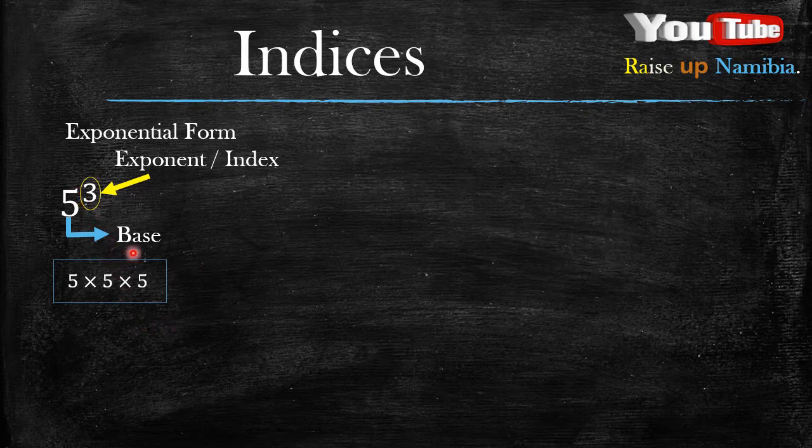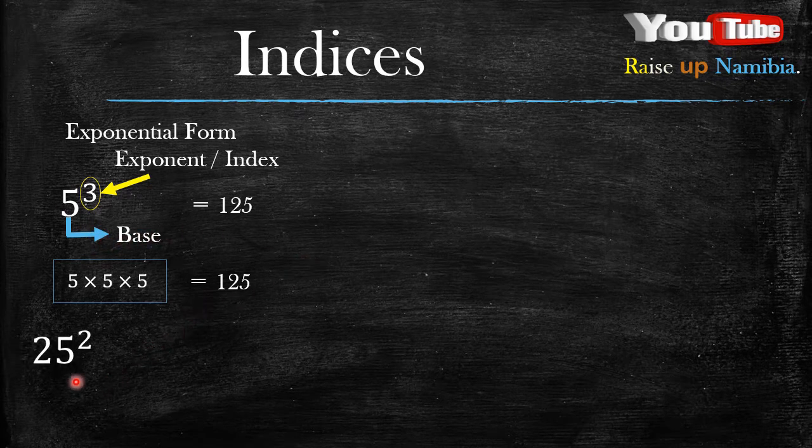This simply means this. Now to prove to you, you can type this into your calculator. What's 5 multiplied by 5 multiplied by 5? It will give you 125. Now if you type again into your calculator 5 raised to the power 3, it will still give you 125. So the exponent simply means the number of times a number is multiplied by itself. Okay, good.